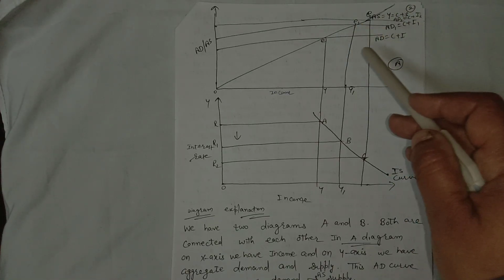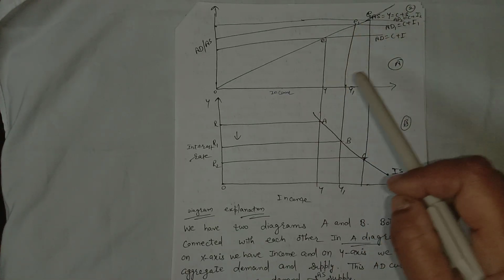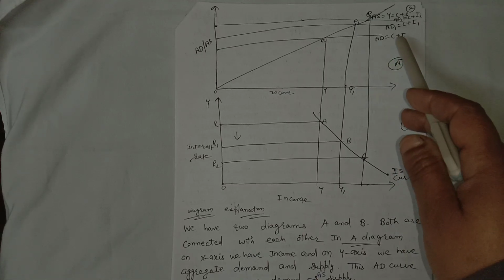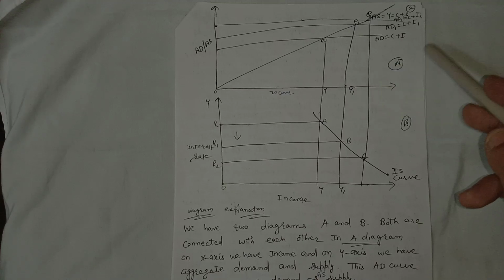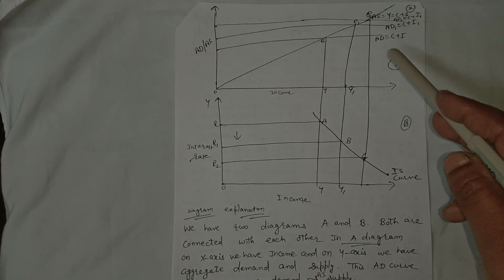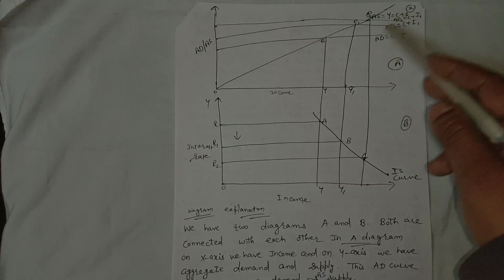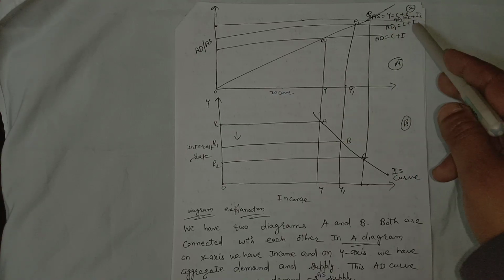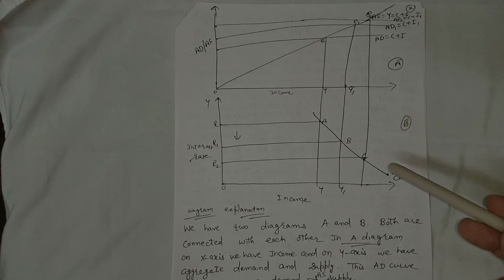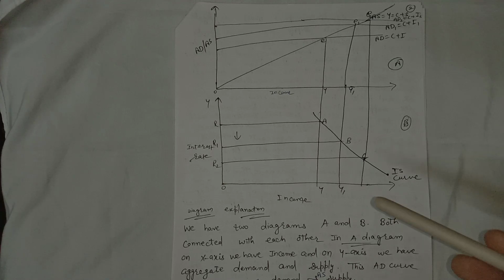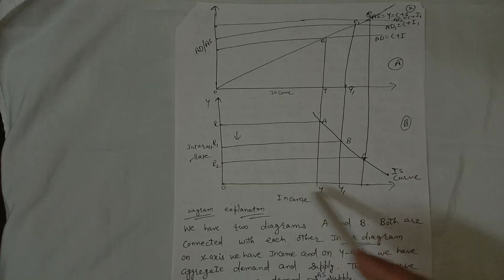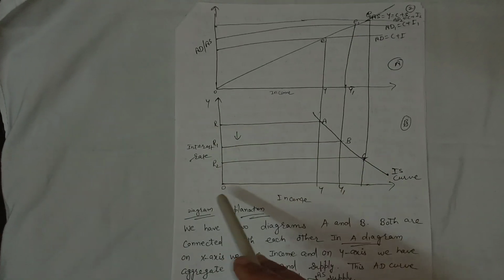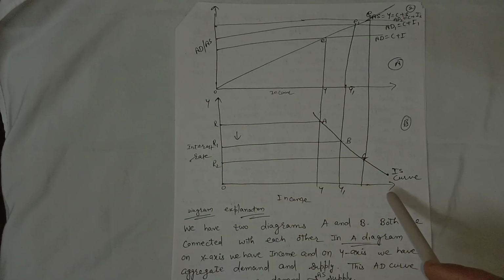That means saving is equal to investment, because aggregate demand is equal to consumption plus investment, and aggregate supply is equal to C plus S, that is consumption plus saving. Now in diagram B, on the y-axis I have interest rate and on the x-axis I have income.